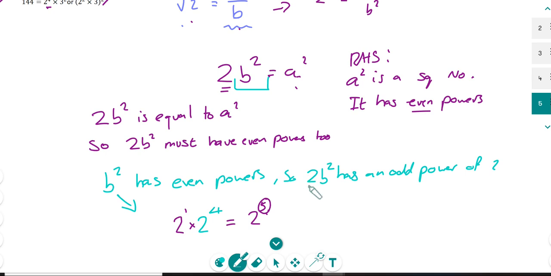So the powers of 2 on the left hand side do not match those on the right hand side. So this contradicts our statement.